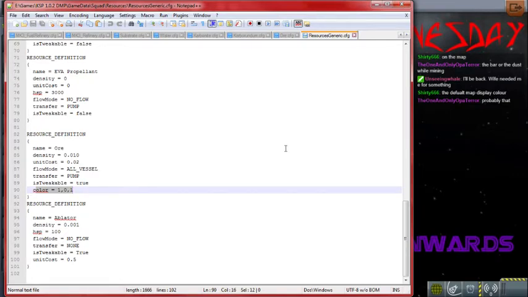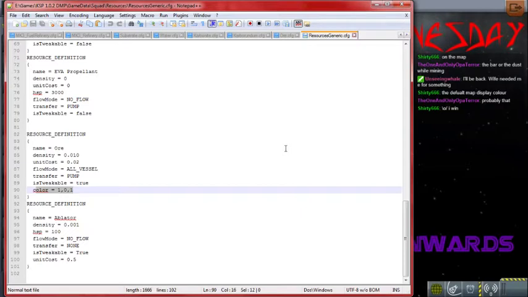So let me go back in history a touch, back to 0.90. The only way that you could get resources into KSP was to use the framework called Regolith, coupled with ScanSat and, well, you could use a mod pack that had drills and whatnot in, or of course you could make your own, and that meant a ton of other configs that you had to edit to make your own.